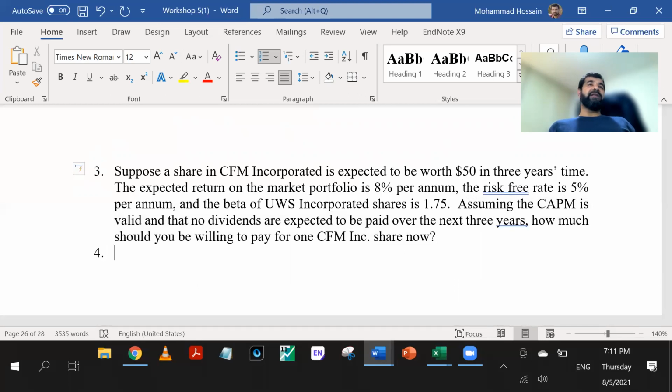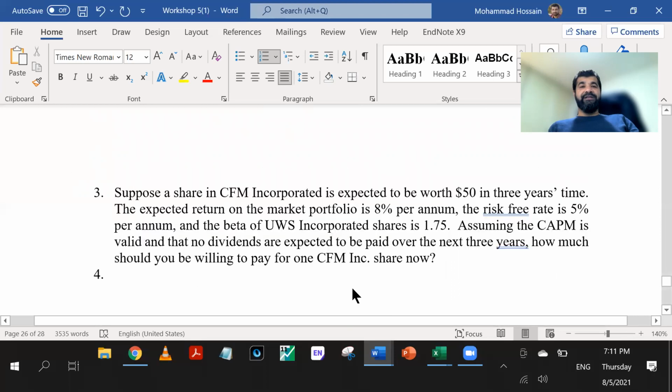Again, the same thing will come up. What is the RJ's value?